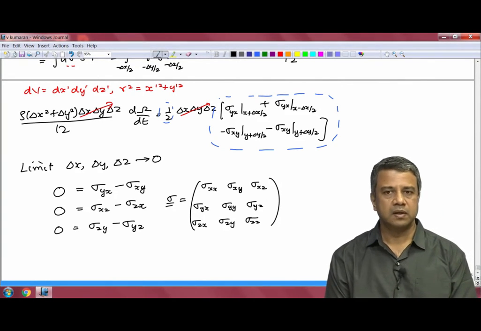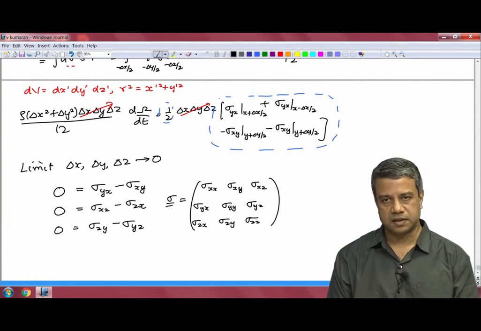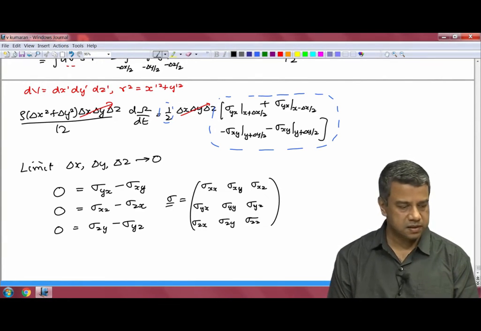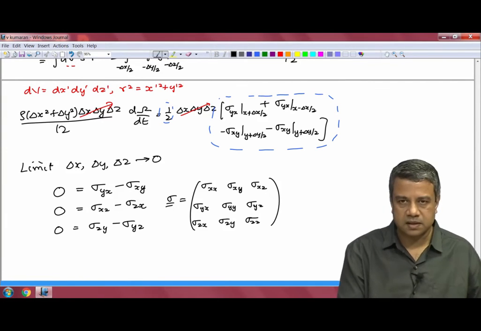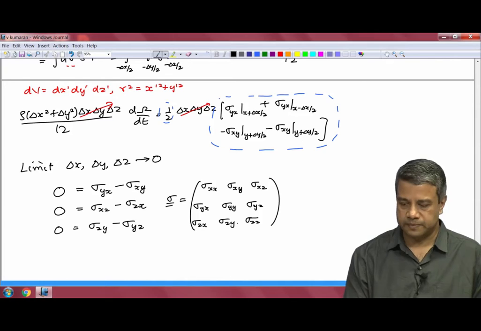The off diagonal elements are all equal if you interchange the indices. Therefore, the stress tensor is a symmetric tensor. This is a requirement of angular momentum conservation.